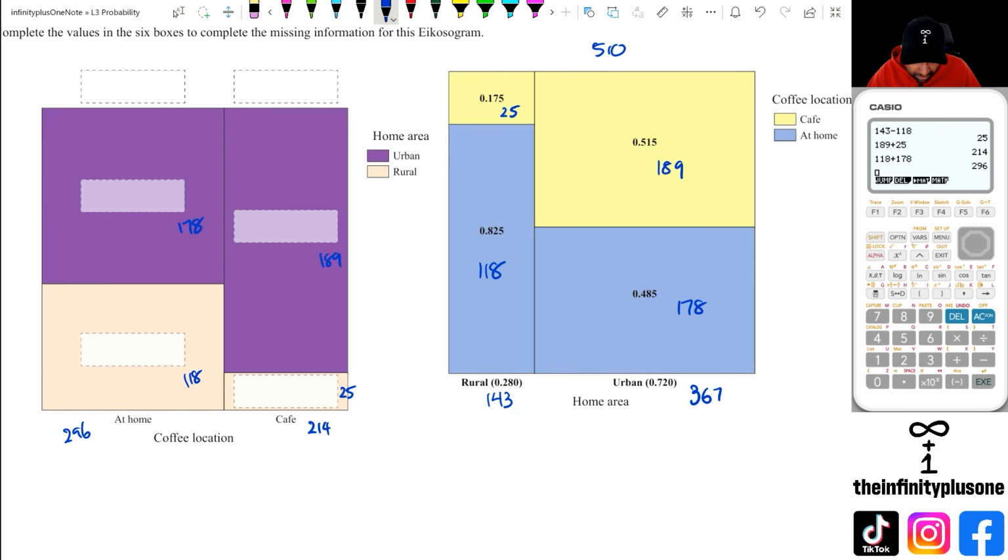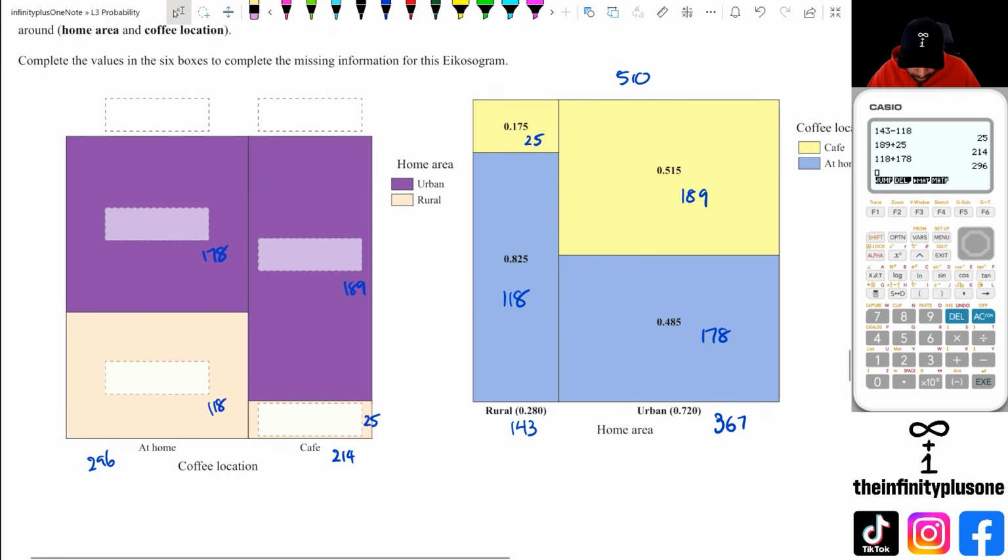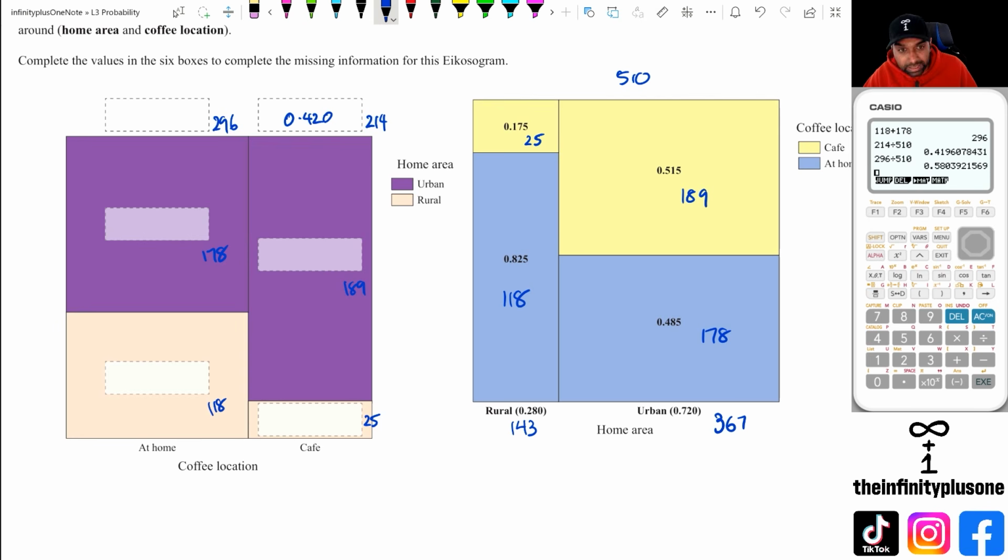Now we need to have the actual probabilities. Sorry, the 296 should go at the top there, I just realized. Once you do that, we can start working out the probabilities. 214 divided by 510 equals 0.420, and 296 divided by 510 is 0.58.